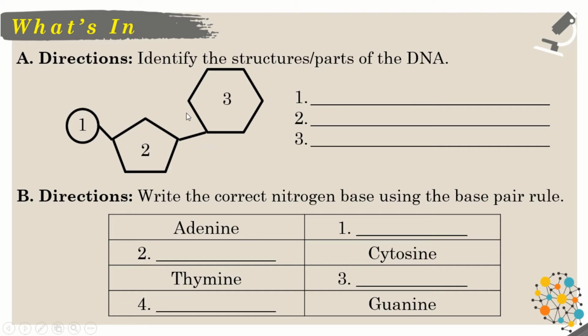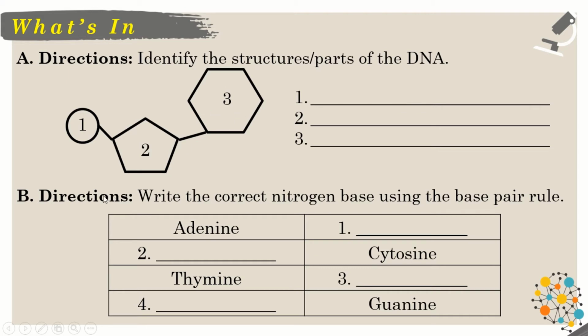This three-part structure is known as your nucleotide, which is composed of this one, your phosphate group. This one is your 5-carbon ring or the pentose sugar, while this one is your nitrogen base.